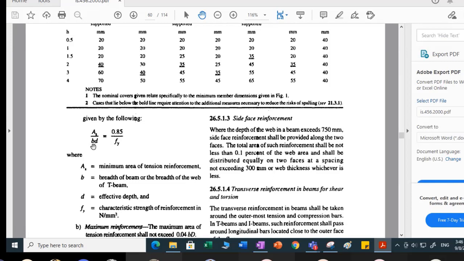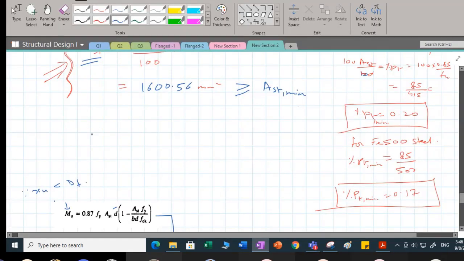So it clearly means when I'm computing minimum tension reinforcement, whatever B I'm going to give, I have to substitute width of web. So in that line, I'll compute minimum steel. The minimum percentage tension reinforcement for Fe415 steel is 0.2%. So I can write AST minimum equal to 0.2 divided by 100 into width of web into effective depth.